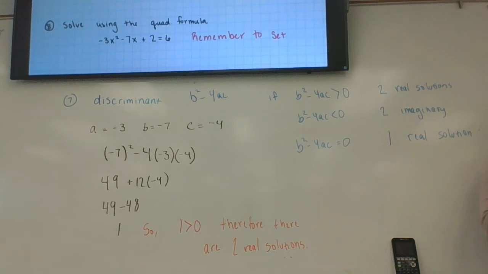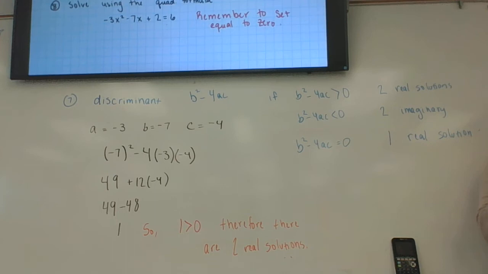Remember to set equal to 0, which was a huge theme on the ice cream handout. So now do the quadratic formula. We already have the discriminant.